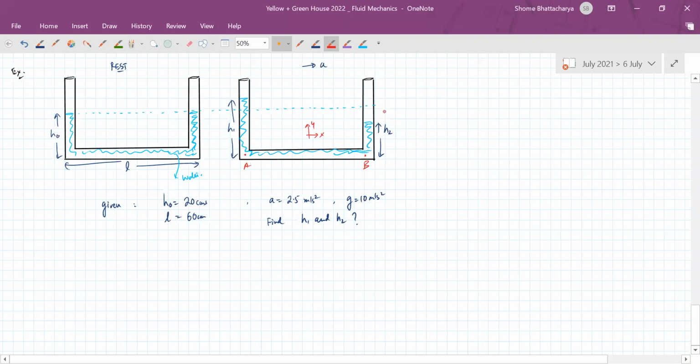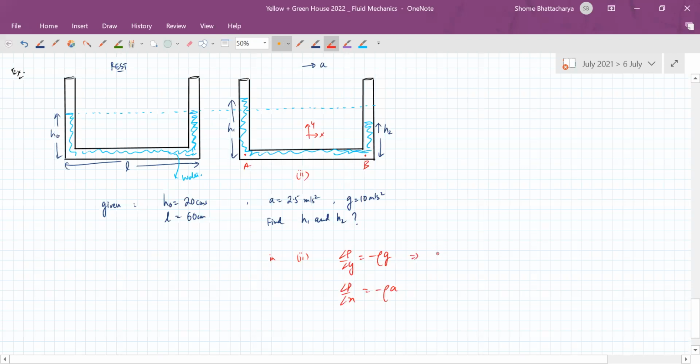In this second situation, our vertical pressure gradient is minus rho g, and our horizontal pressure gradient is minus rho a.